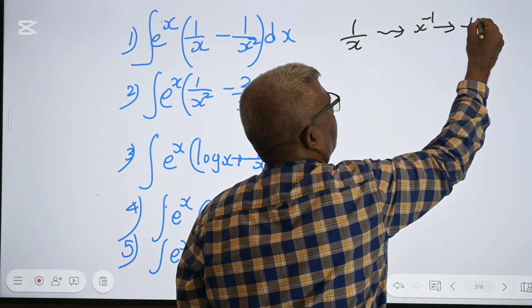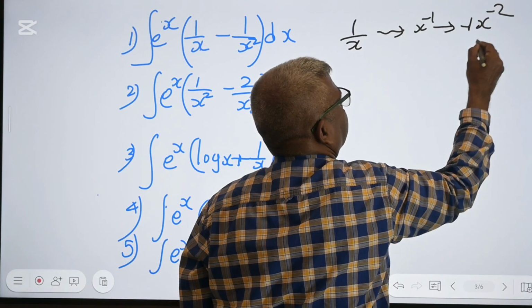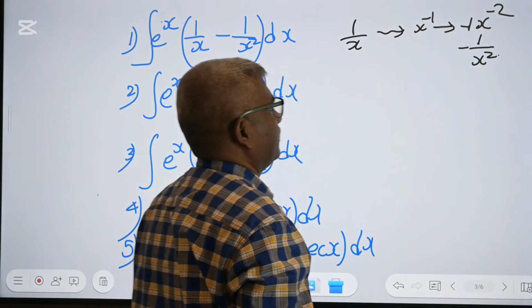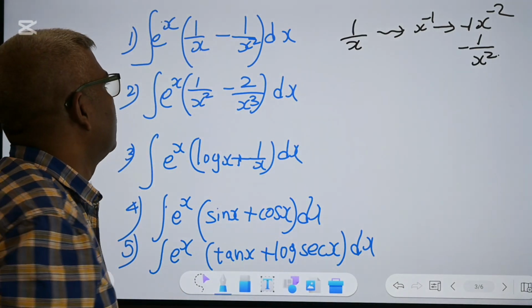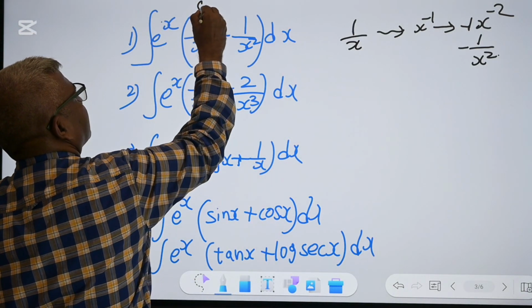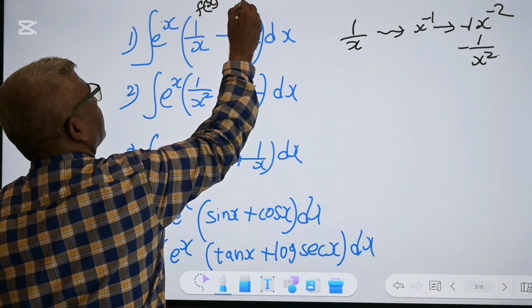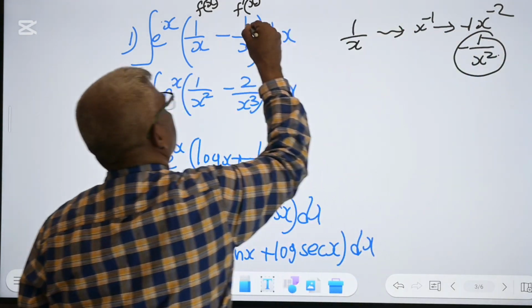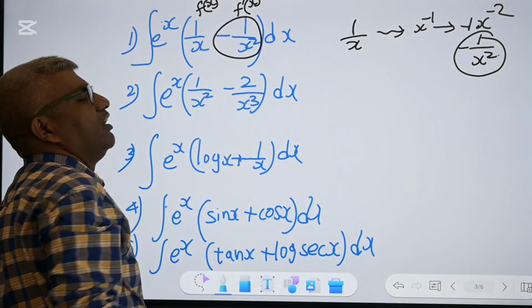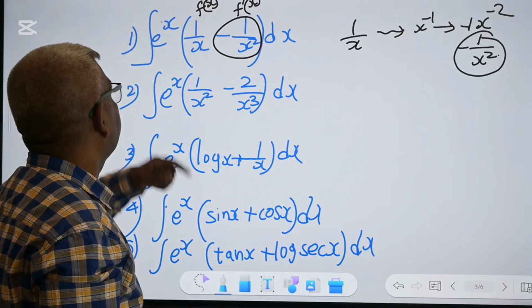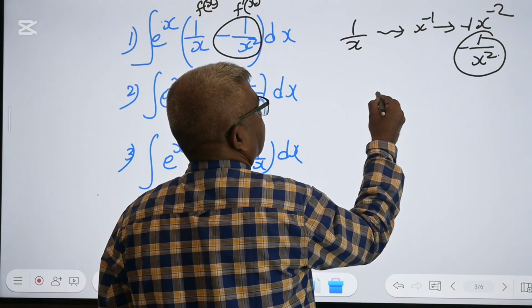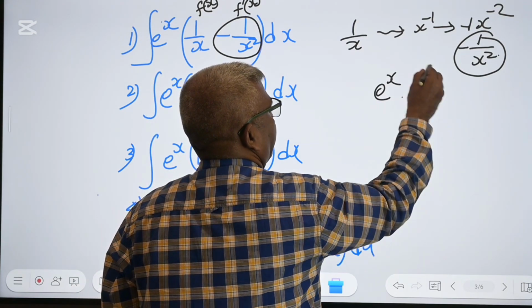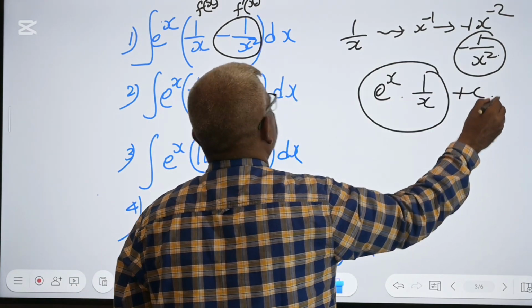If you differentiate x^(-1), you get minus 1 times x^(-2), so minus 1 over x squared. So this is f(x), this is f'(x): minus 1 over x squared. So simple and sweet, you can directly write it: e^x times 1/x plus c.